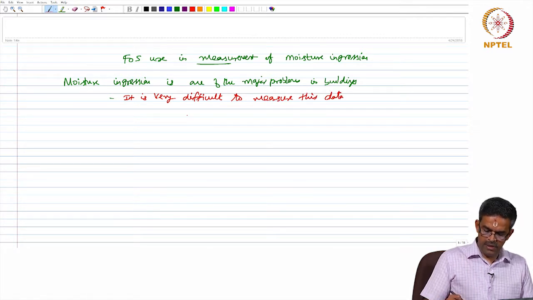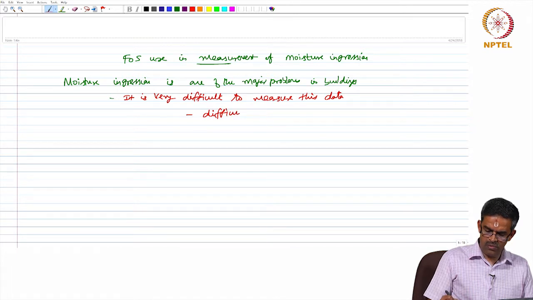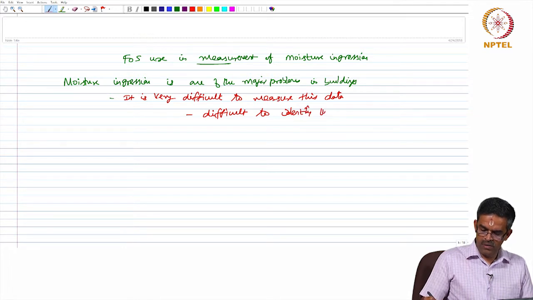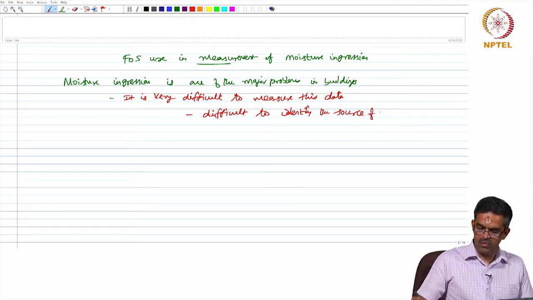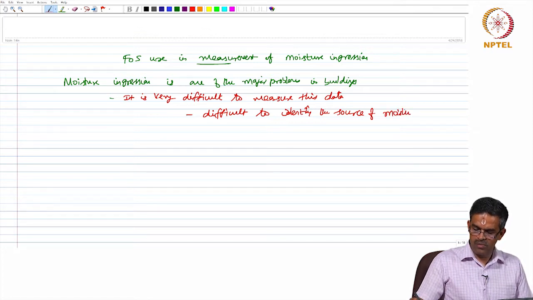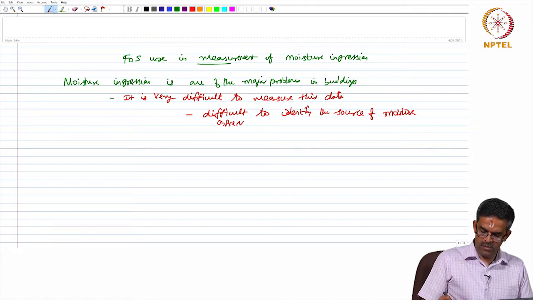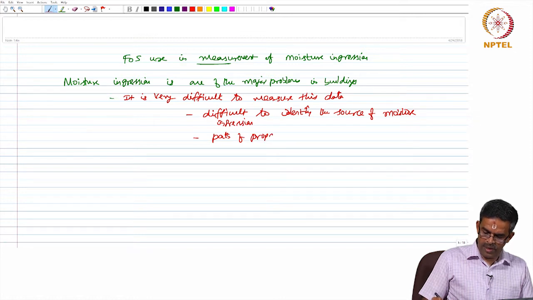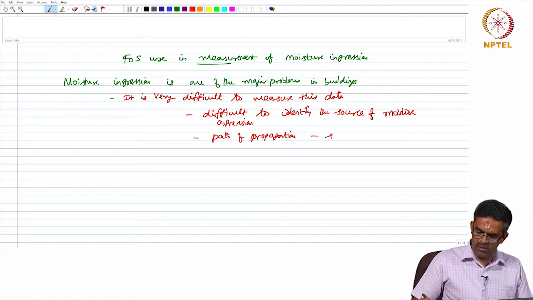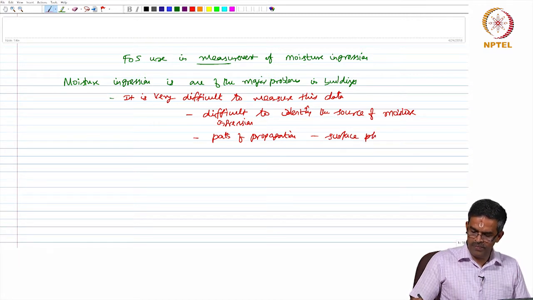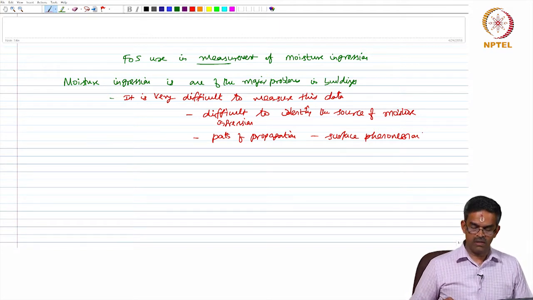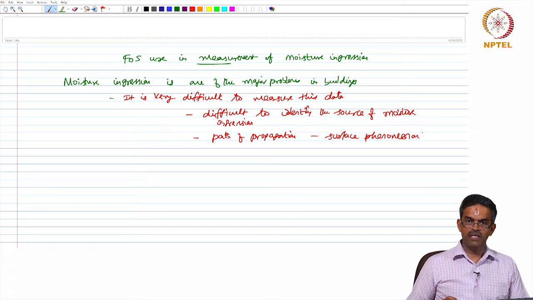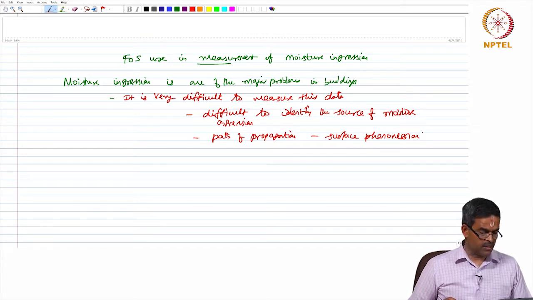That is, it is difficult to identify the source of moisture ingression and its path of propagation, because this is actually a surfacial phenomenon. It spreads on the entire surface and makes the surface wet. So, once the surface is wetted, it is very difficult to locate from where the origin started.